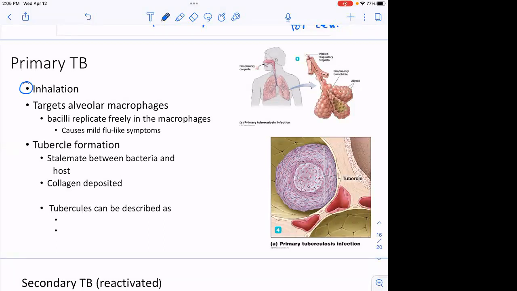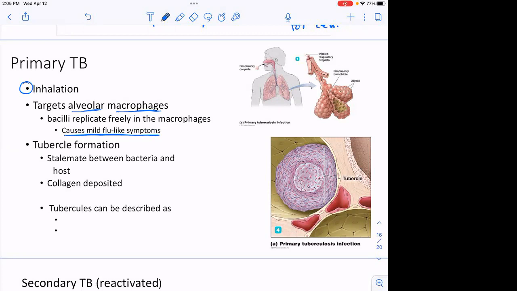Okay, so we inhale it and it infects the alveolar macrophages. We have a lot of macrophages controlling the very distal ends of those bronchial tubes. And they replicate freely in the macrophages there, and patients are going to experience mild flu-like symptoms.